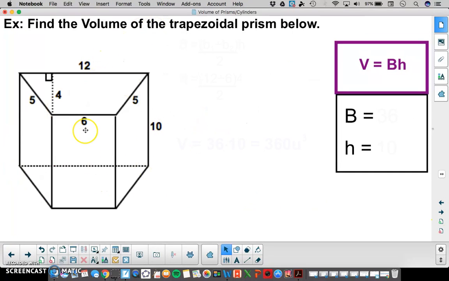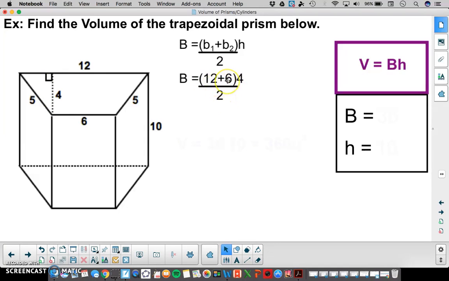To find the volume of this trapezoidal prism, we need to find big B and H. Big B will be the area of the base, which is this trapezoid. We find the area of a trapezoid by adding the two bases, dividing by 2, and multiplying by the height. So adding the two bases of the trapezoid is 12 and 6, multiplying by the height of the base, which is 4, and dividing by 2.